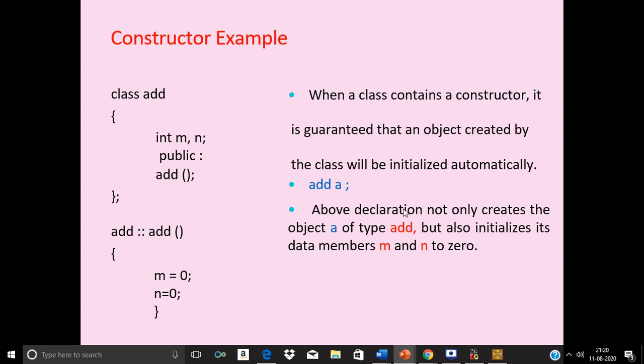The above declaration not only creates the object a of type add, but also initializes its data members m and n to 0, because we have defined the body of the constructor as m equals 0 and n equals 0. So when we create an object for the class add, it automatically creates an object, and along with that it assigns zeros to the data members m and n.